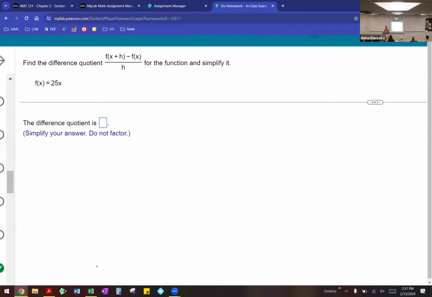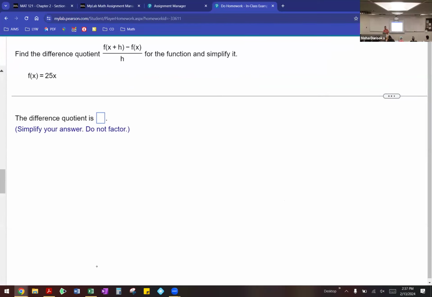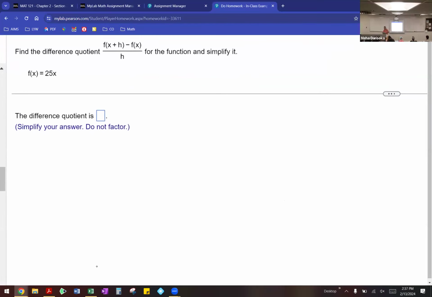So let's use this example to help us out with that. I'm going to break it up into 3 parts because I find it is easier to work that way. For part 1, we are going to find what f of x plus h will come out to be. For part 2, we will do the subtraction.